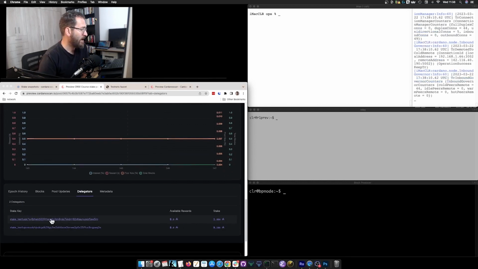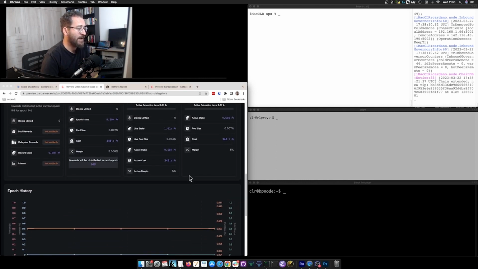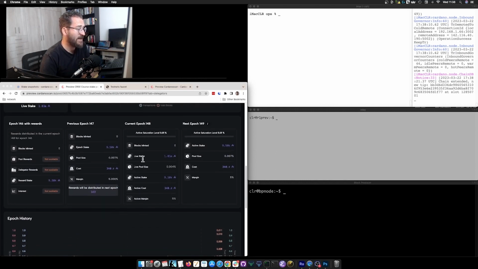Yes, now I have another delegator, which is, well, the faucet has delegated to me 1 million ADA. So that right now I will have 1,009,000 ADA under my control. So here it is, live stake. 1.01 million ADA delegated to this pool. So it should increase my chances to actually become a slot leader.